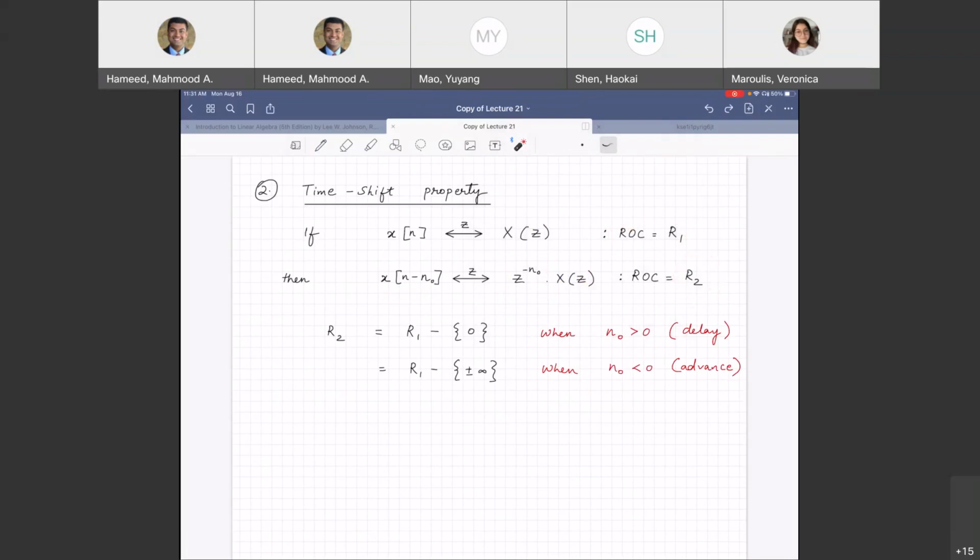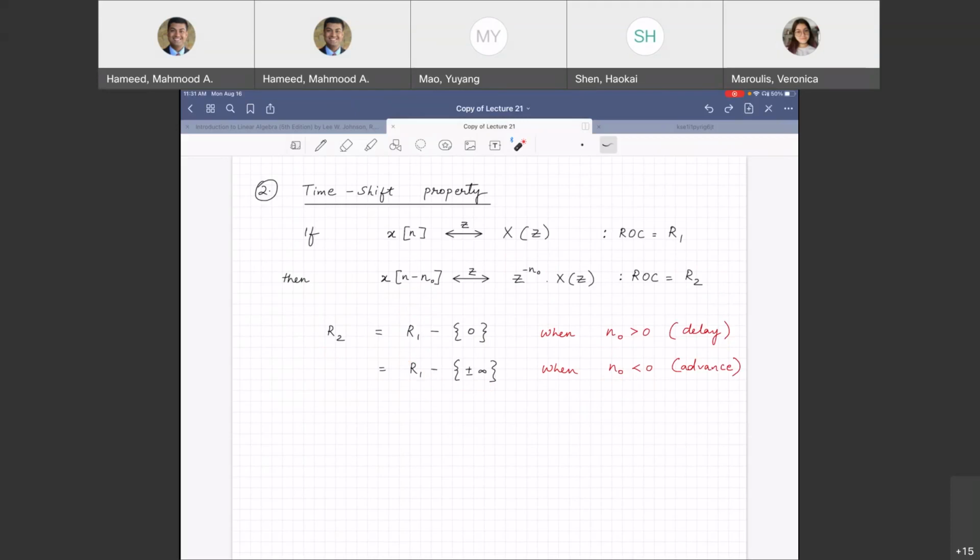Region of convergence is R2, but R2 is the same as R1 minus 0 when there is a delay, meaning n0 is greater than 0, or R2 is equal to R1 minus plus and minus infinity if n0 is less than 0, which corresponds to an advance.